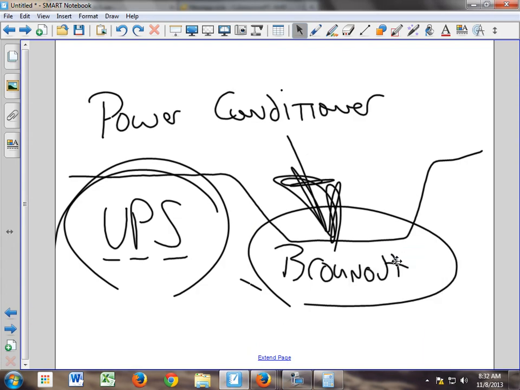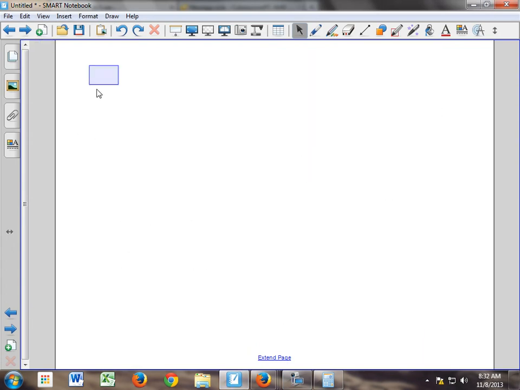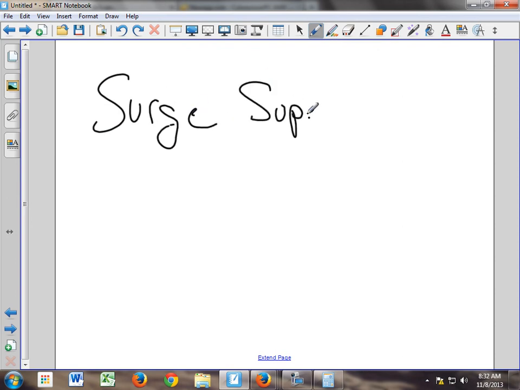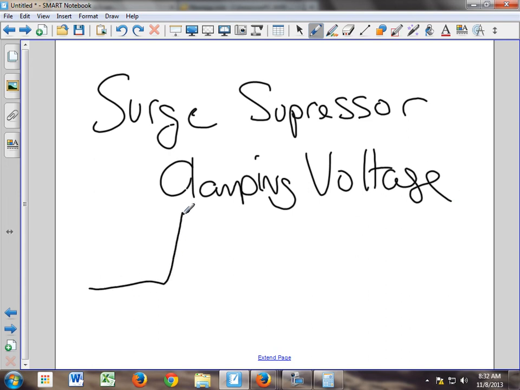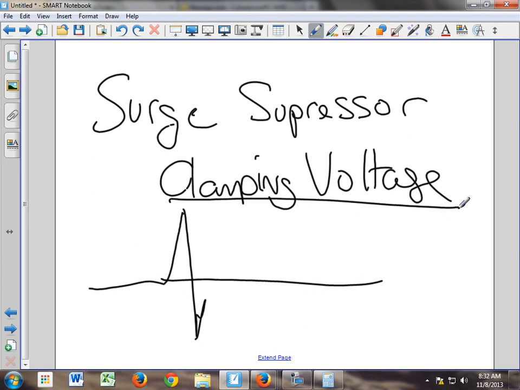A surge suppressor has some clamping voltage associated with it, so that as long as the voltage is below that, it can knock it off, and that spike just goes to ground, to level off the power. So the higher that clamping voltage number, the better the surge suppressor is.